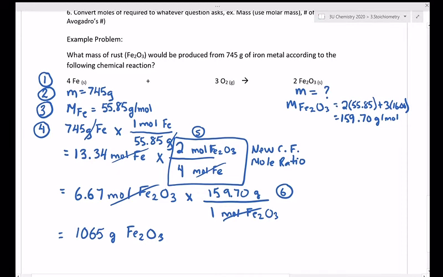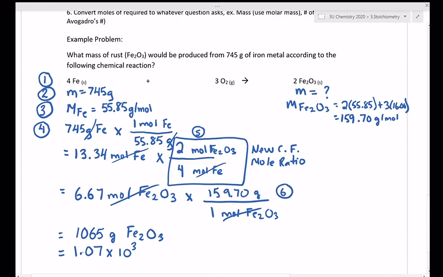However, based on our given information, we're only allowed 3 significant digits. So I'm going to be forced to do scientific notation, where I'm going to want the 1, the 0, maybe the 6, but I look at the 5 and I know that's going to go up. Scientific notation is always a number between 1 and 9.9, so I'm going to put 1 decimal and then 0.7, and then realize that my decimal got moved from here to here, so that is 3 places, so it's times 10 to the 3 because I have a very small number and I need to remind people that it is actually a big number.